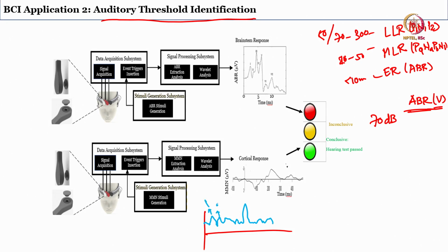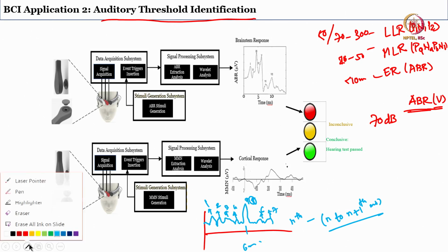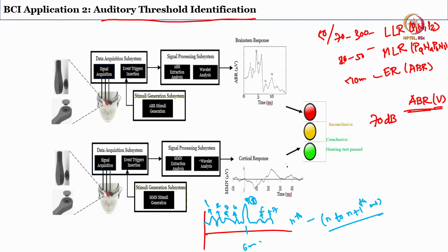This is the first peak, second, third, fourth, fifth, sixth, and seventh. Generally the nth peak comes between n and n plus 1 milliseconds, so this fifth peak should come somewhere around 6 milliseconds. But it has been observed that peak number 5 is the most prominent, and that's why it is used for all this auditory assessment and threshold identification.